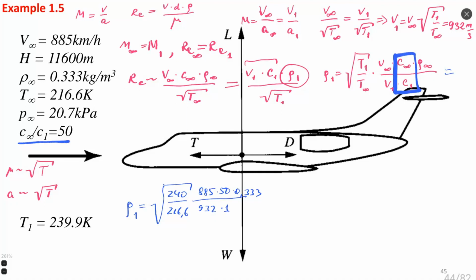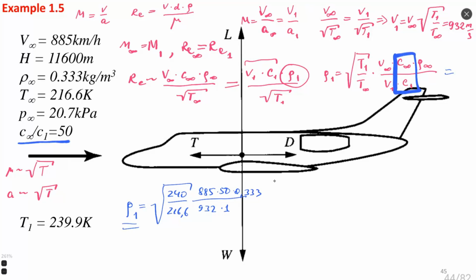Yeah, that's it. We need to check from the formula that the units should be units of density. Since we have density on the left side of this formula, we need to have also density on the right side. This is how we can check our calculation.